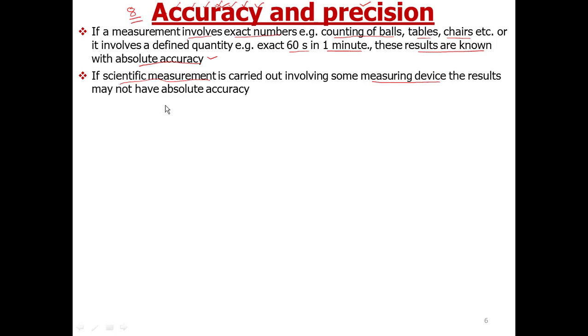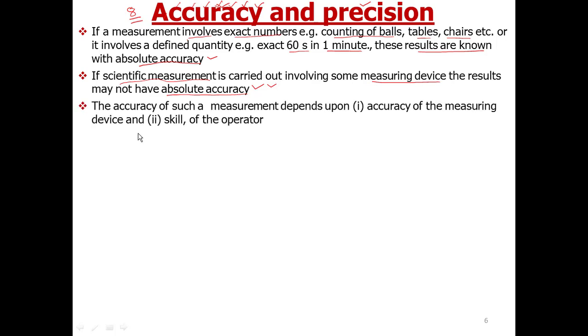So in such cases, the results are not known with absolute accuracy, so we cannot say that the answer is completely accurate. Why? Because the accuracy of such measurements will depend upon two parameters. First, accuracy of the measuring device. First we have to see that this measuring device should be accurate. Second, skill of the operator.